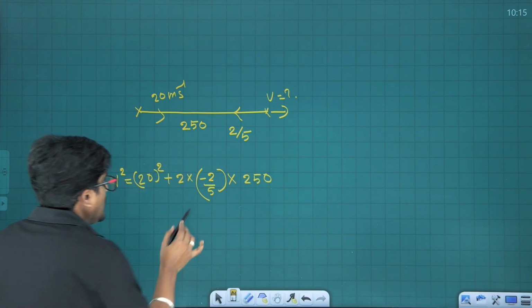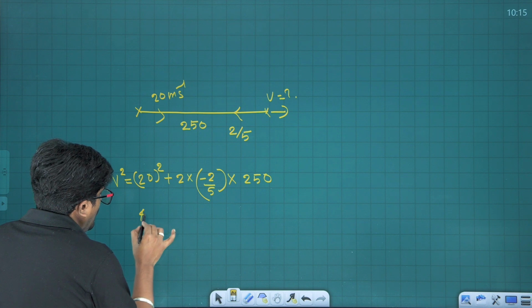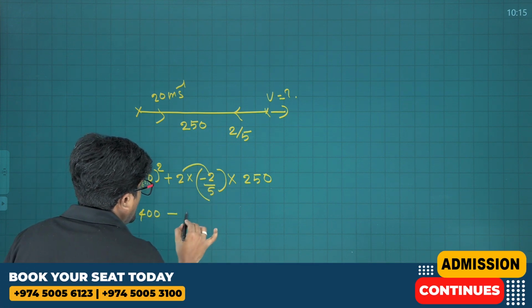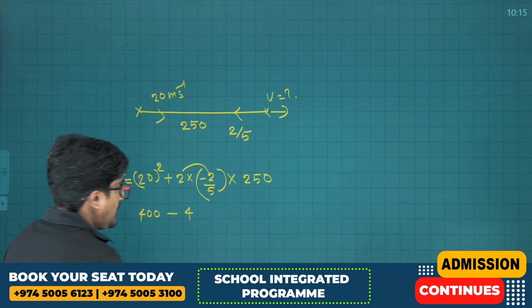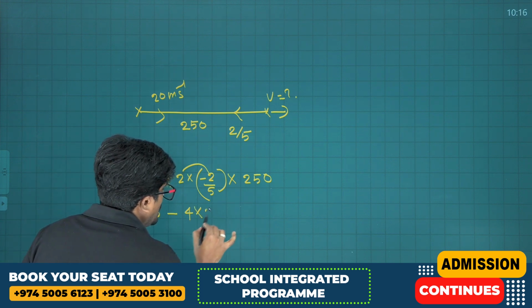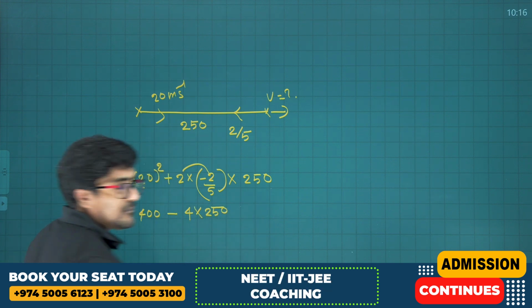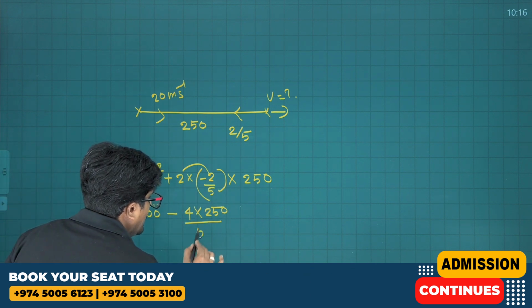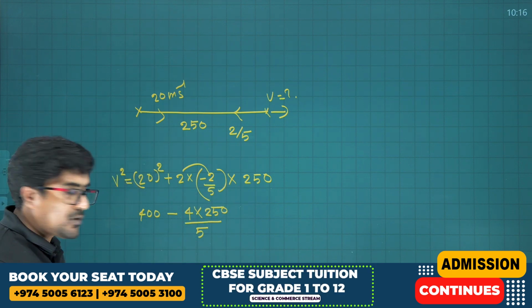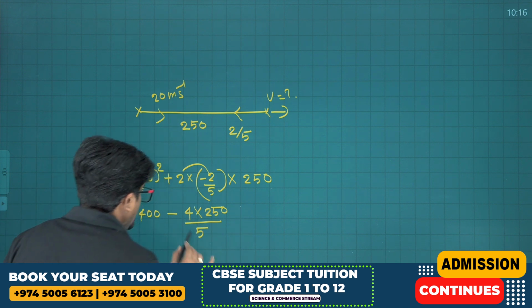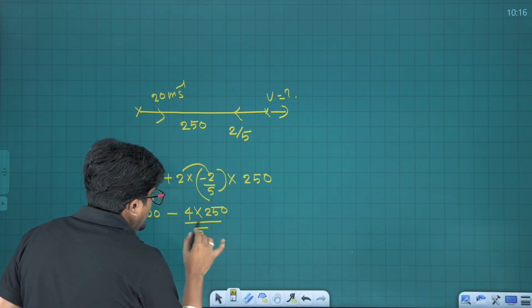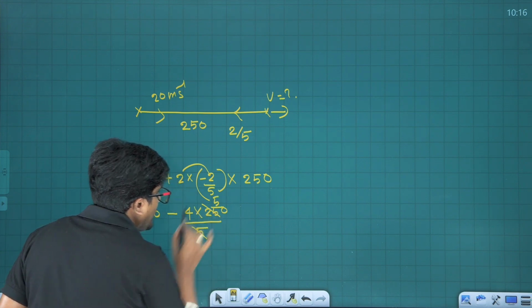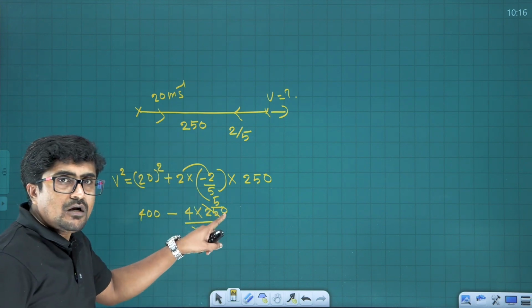Alright, now have a look. Here this is 400, minus 2 into 2 into 250, all divided by 5. Now if I go for the cancellation between these two, here this is going to be 5, and 5 4s are 20.